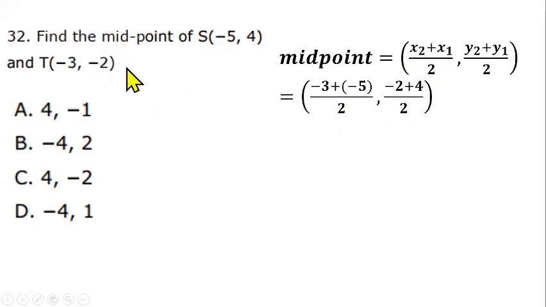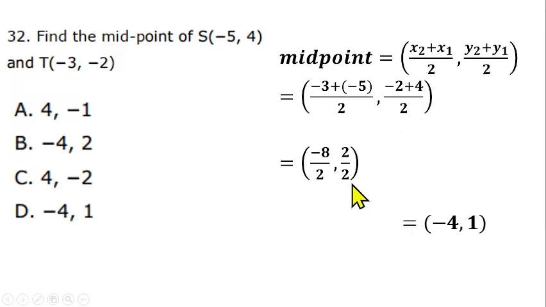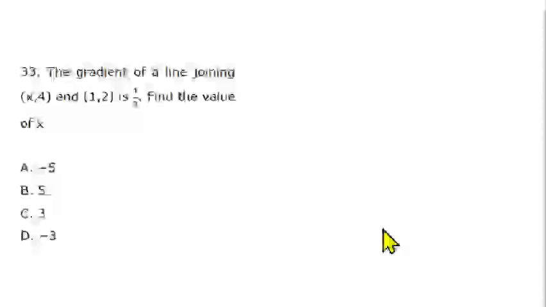Our y2 is minus 2 and our y1 is 4 over 2 as well. So this one gives us minus 3 minus 5, that gives us minus 8 over 2, and this one gives us 2 over 2, and that should give us minus 4 comma 1 as the coordinate of the midpoint, which is option D.